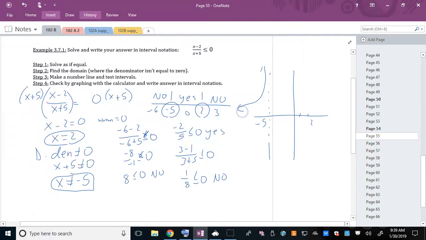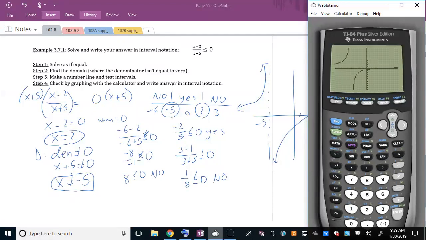It's up there. And then down there. There we go. Now again, we can see where it crosses the axis, which is here at 2. And we can also see that vertical asymptote. Again, you can check the table. If I go to the table, I have a 0 at 2 for the y value, and then scroll down, there's the error message at -5 for the vertical asymptote.